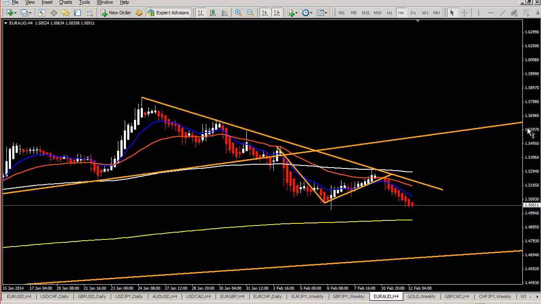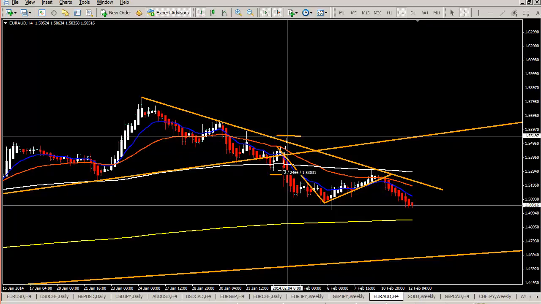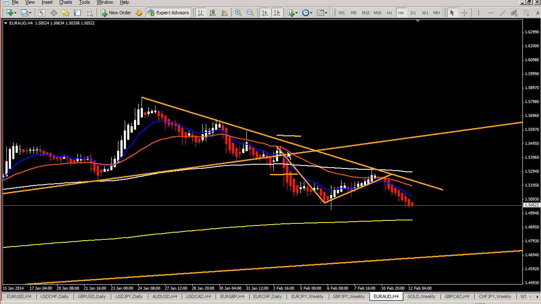Here, what I want to say, what about the stop? Here we go. If we have the aggressive entry here and the stop over there, somewhere in between, let's say, as I said, about a 250 pip stop.